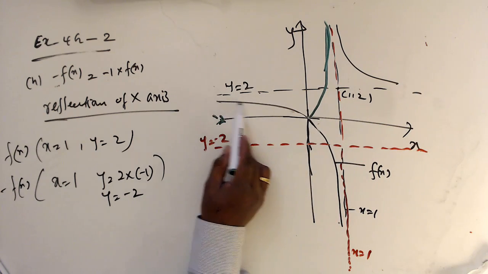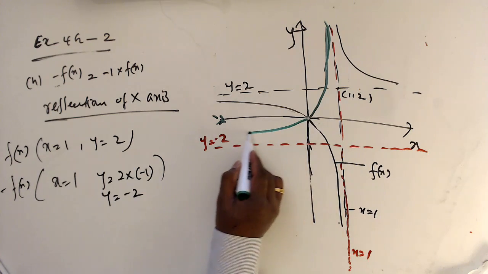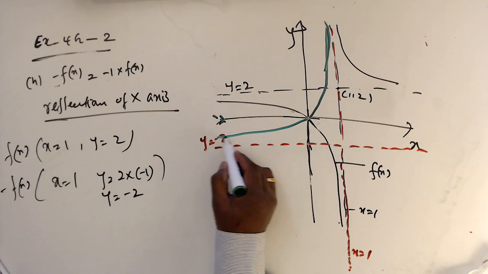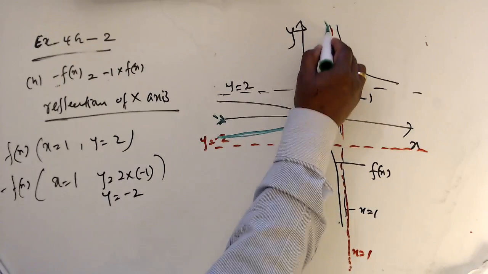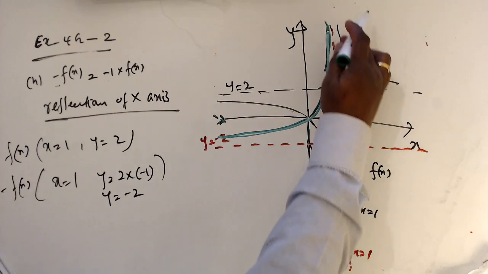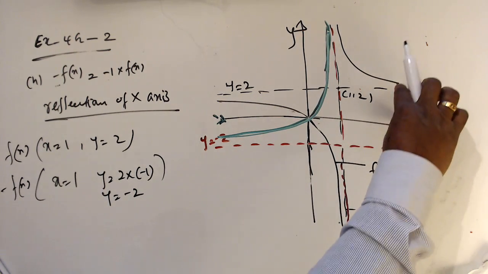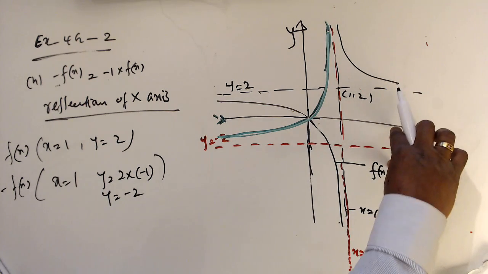What will happen to this part? This part is going to be like this. Now we complete the curve on this side. Fine. Now this one, this is the curve. Then from this length it is going to be here.